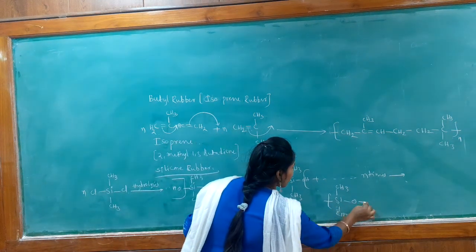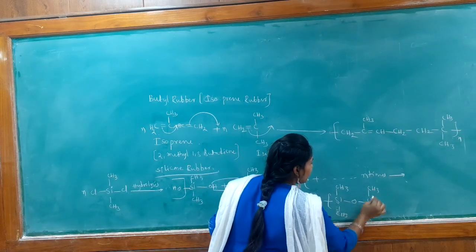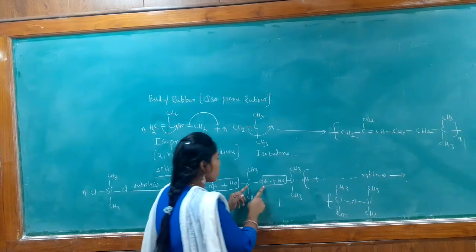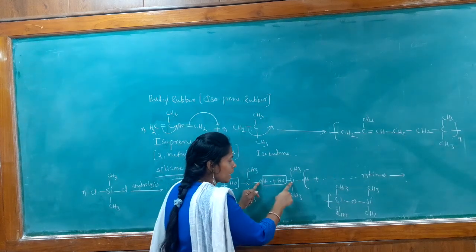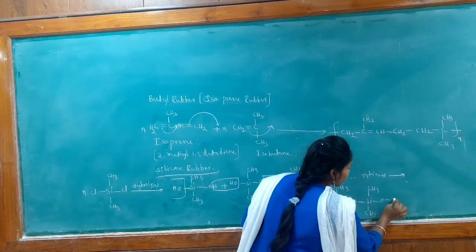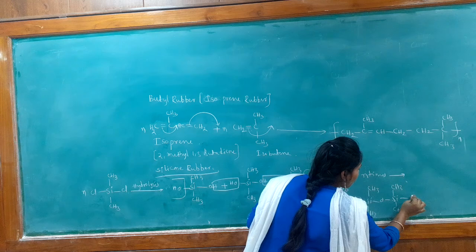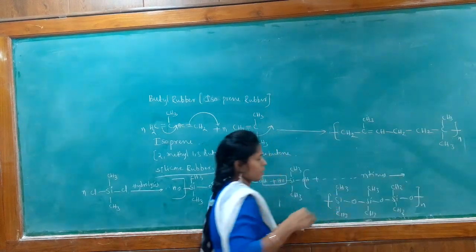Si, O, new single bond, Si, methyl, same now, oxygen and silicon, in between that we will get a new single bond, CH3, again O, repeating for n number of times.